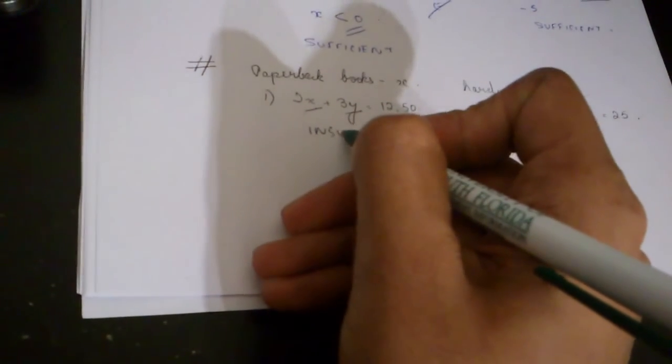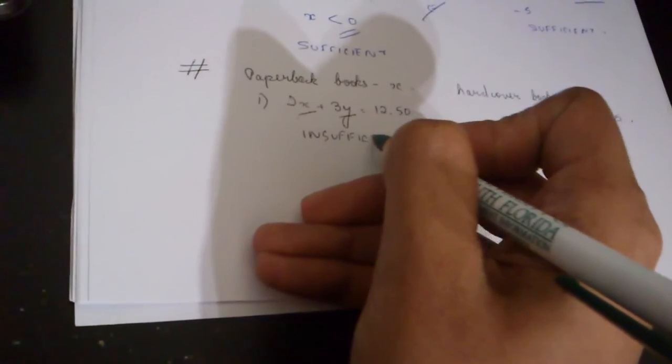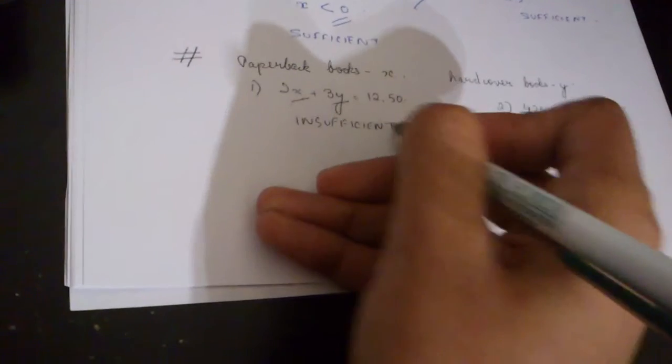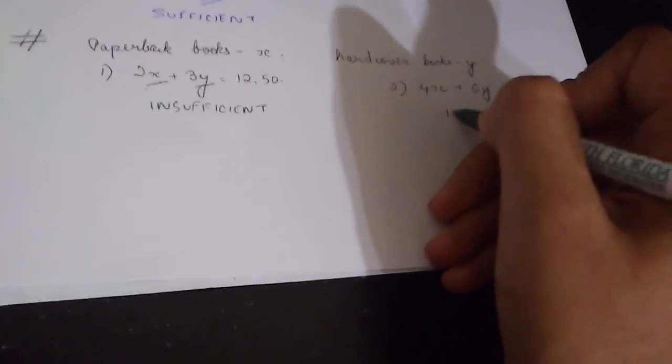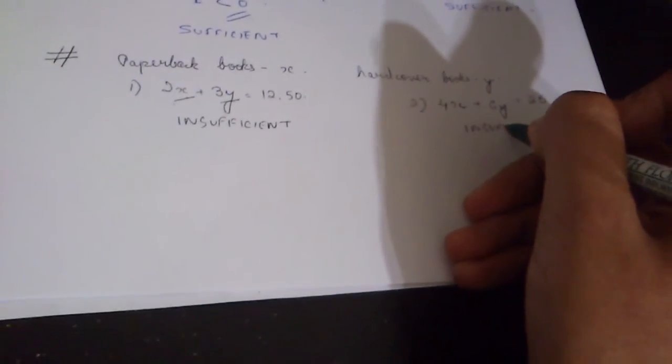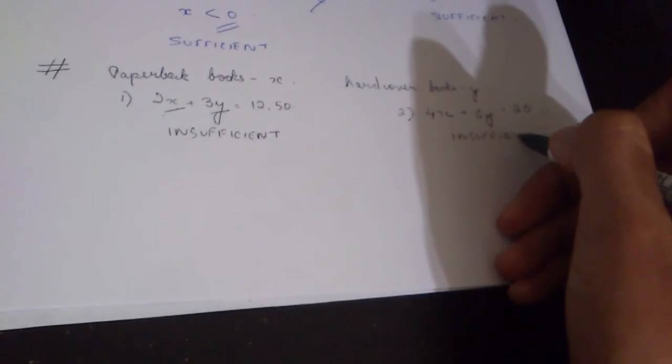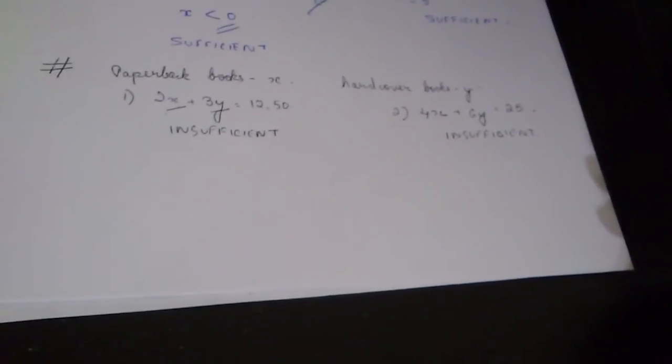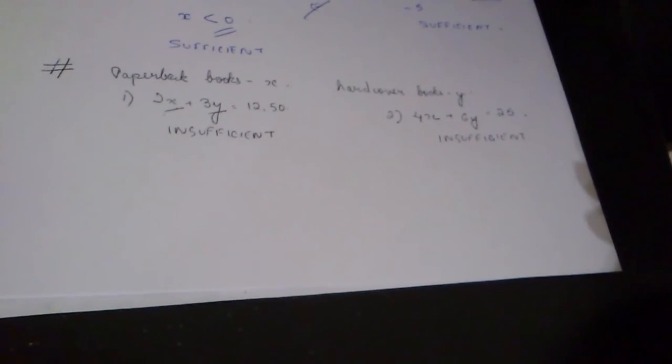So this is definitely insufficient. By similar reasoning, the second equation would also be insufficient, because it does not give us enough information. Again, we don't know x or y, so this is also insufficient.